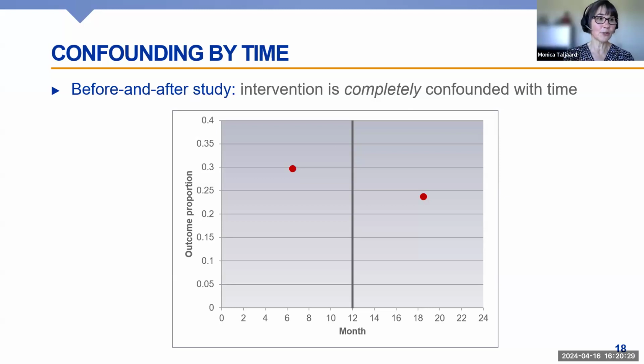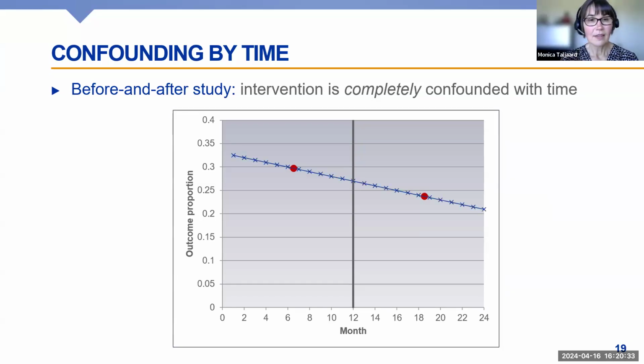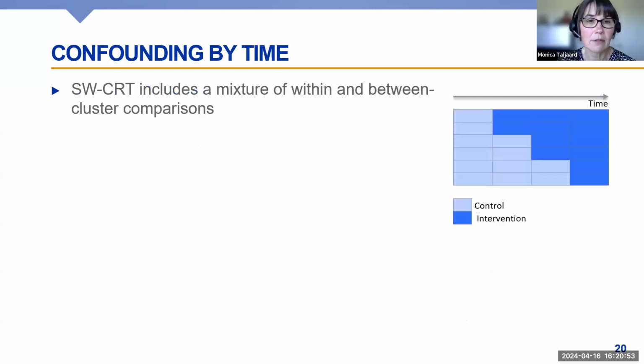Or is it just regression to the mean, or chance? Or is there something else that happened? So, for example, here, even though it appeared as if the intervention was effective, it's clear that if you connect the dots and you take monthly outcomes, the rates were already improving even before the intervention was implemented. And actually, this intervention had absolutely no effect on the outcomes.